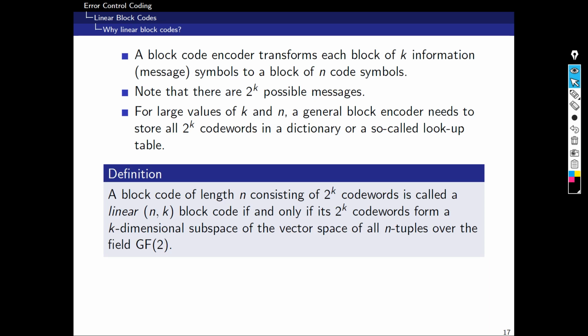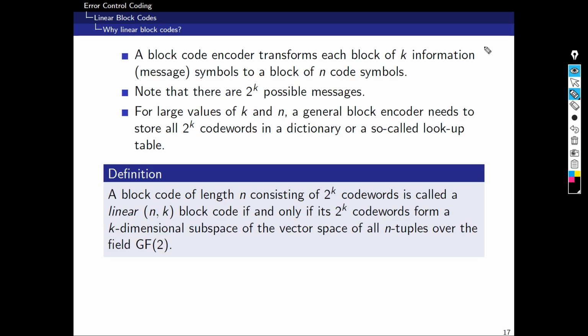So let's get started. A block code encoder transforms each block of k information message symbols to a block of n code symbols. So this means that if you have a message sequence of, let's say, k number of bits, and after you perform the encoding, you will have a code word of n number of bits.